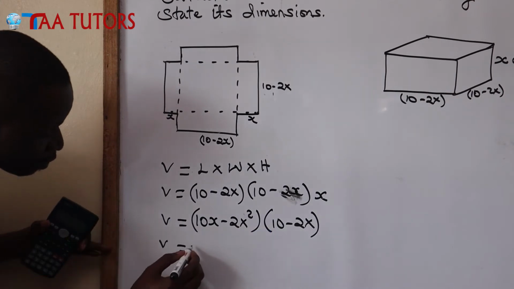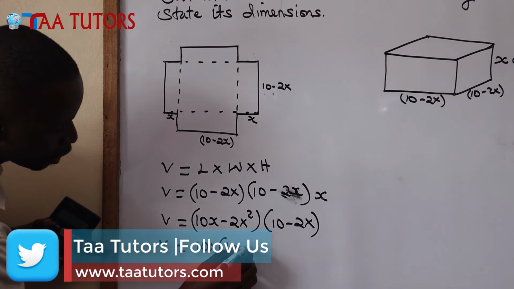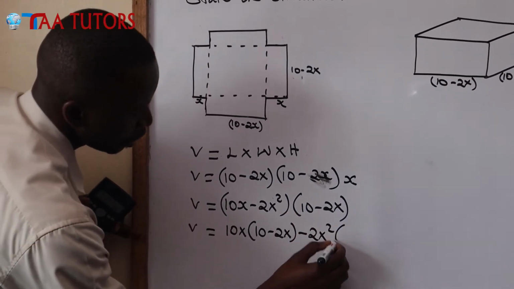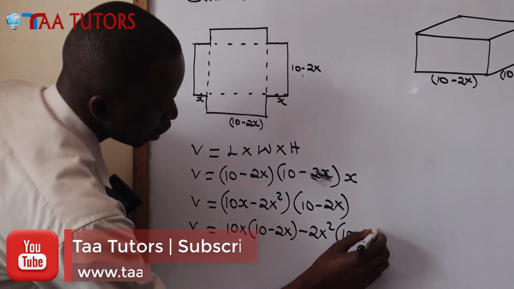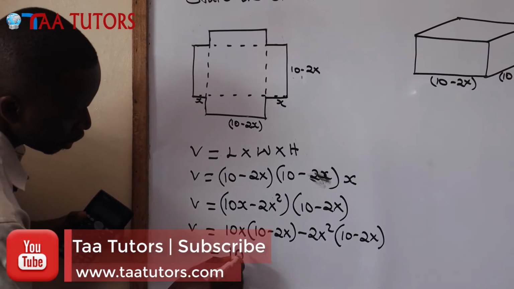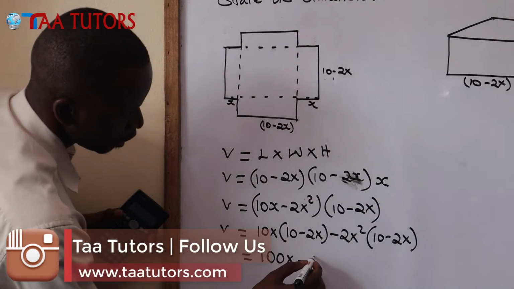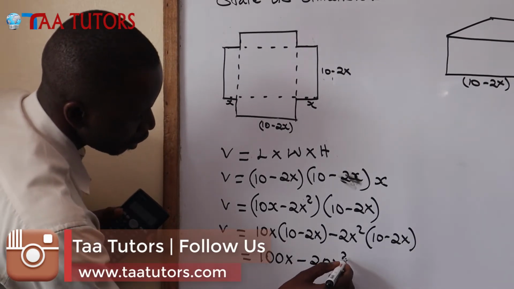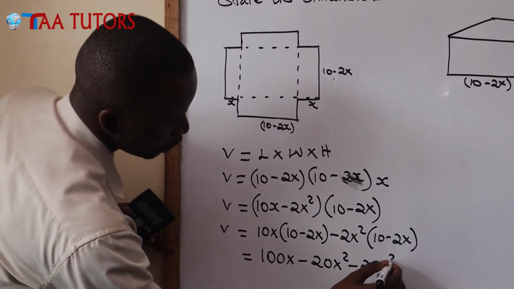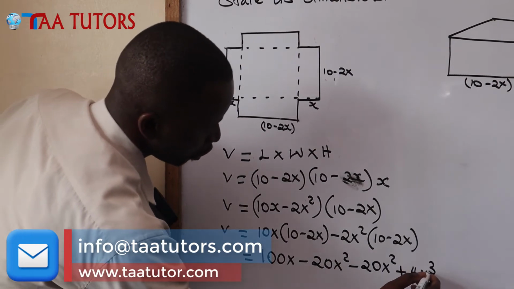Again, I have to open the bracket by saying 10x into 10 minus 2x, minus 2x squared into 10 minus 2x. So if you open this one, we'll get 100x minus 20x squared minus 20x squared plus 4x cubed.